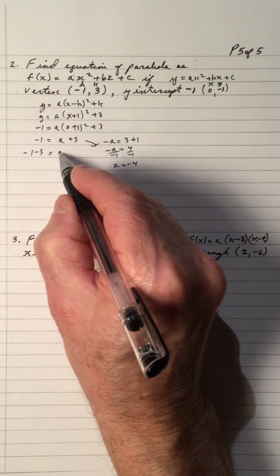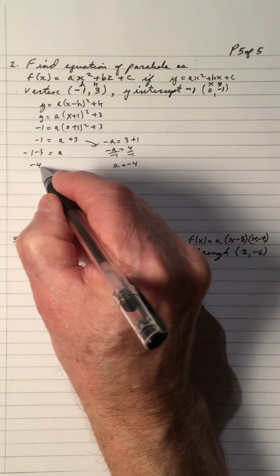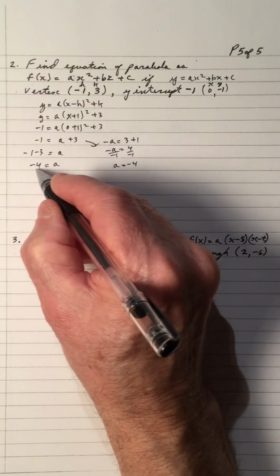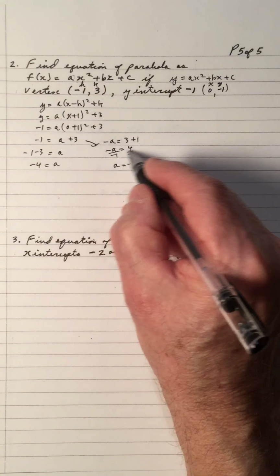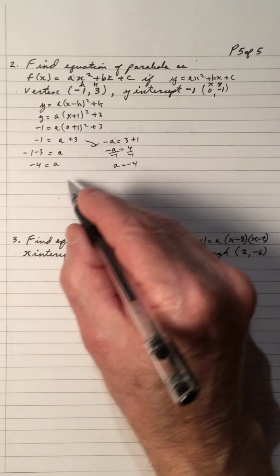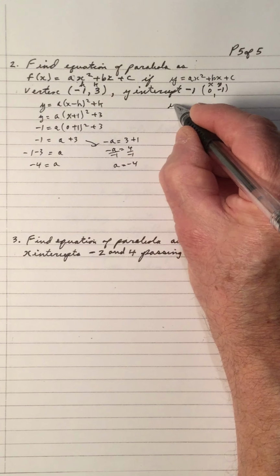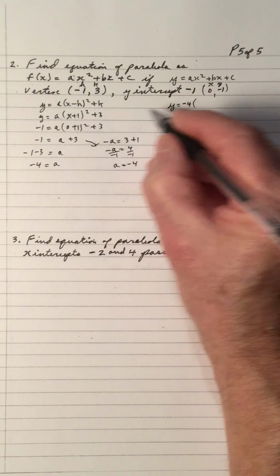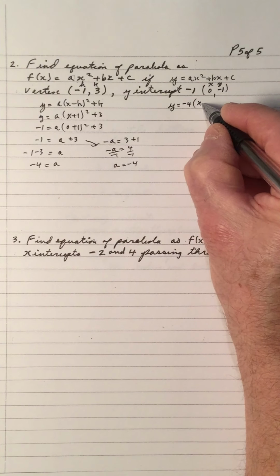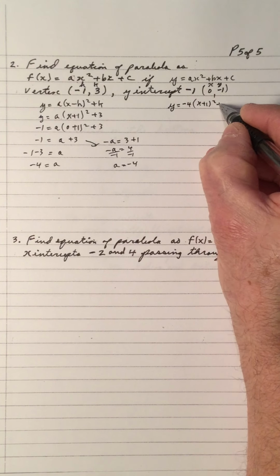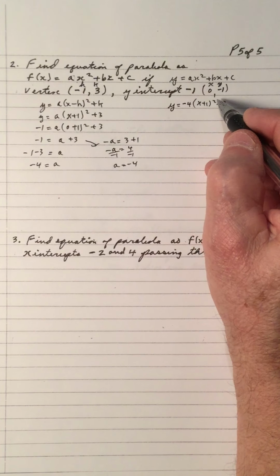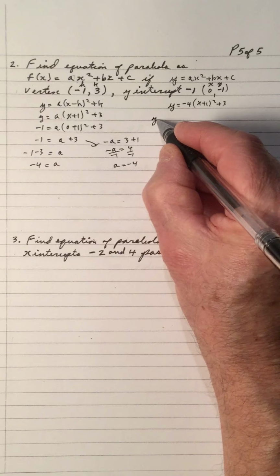Or we can leave the a here and move the 3, and we still get a is negative 4 without dividing by the negative. So anyway, we have the equation y equals a is negative 4, and it's an x plus 1 squared plus 3.